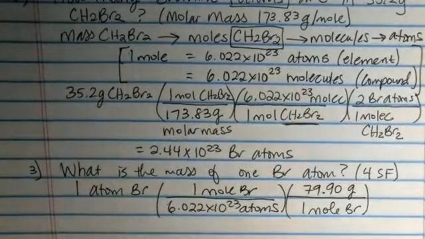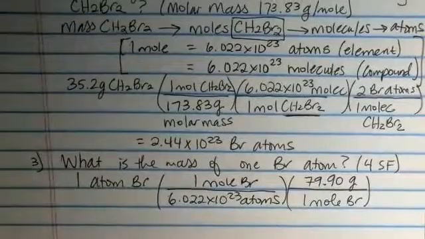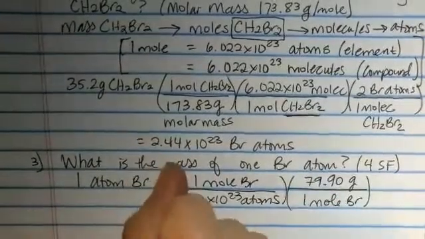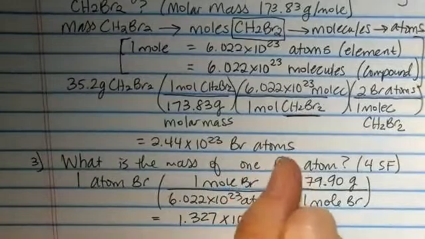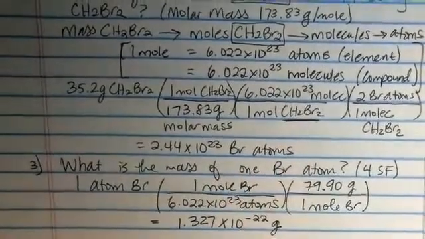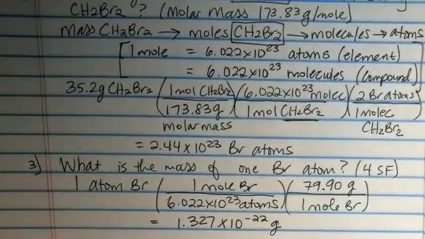So basically, if we take the atomic mass, which is equal to a mole, divide it by Avogadro's number, which is also equal to a mole, we'll get the mass per particle. And you can guess it's going to be a super small number, right? So 1.327 times 10 to the negative 22 grams. And that's just for one singular bromine atom.